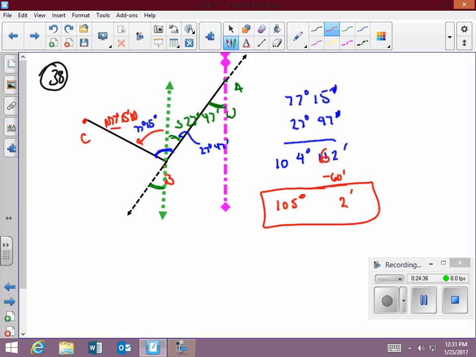Can't read my own writing. And then you look back at that angle, that angle's probably 105 degrees, 2 minutes.